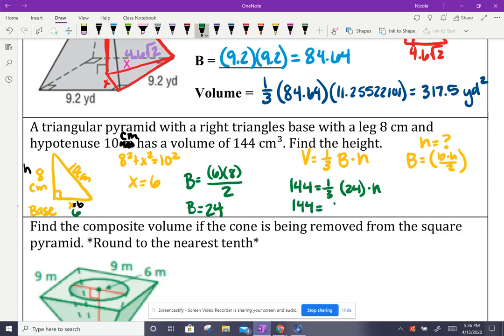So 144 equals 8 times h. I divide 144 by 8, and my calculator needs batteries, 18. So the height is 18 centimeters.